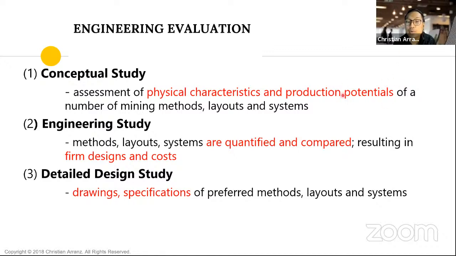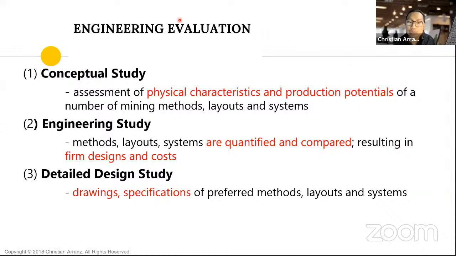So may keyword potential, mga characteristics pa lang. Tapos pagdating sa engineering study, you now quantify and compare the possible methods, the possible layouts, the possible systems, and then you can now create designs and estimate the costs, okay? And then finally, detailed design from the word itself. So dapat ay detailed na yung mga drawings, specs, methods, layout systems, pati yung mga ano niya, gagastusin perhaps on those.